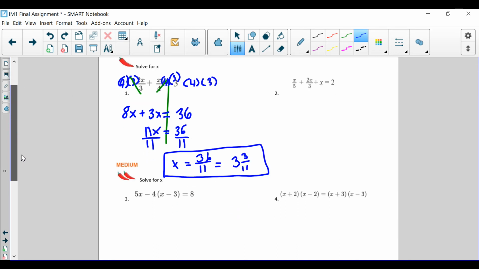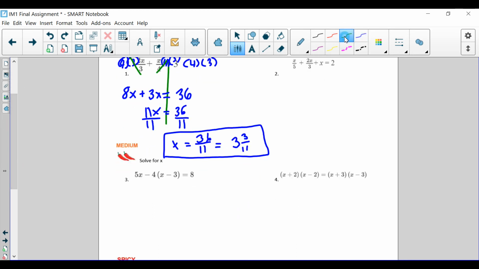All right, let's continue. Now let's go ahead and go over the medium problem, which is this. We're going to notice that it's 5x. That negative is going to need to get distributed here. It's going to be negative 4x. Then over here, distributed, that's going to be minus 3, so it's going to be plus 12 is equal to 8.